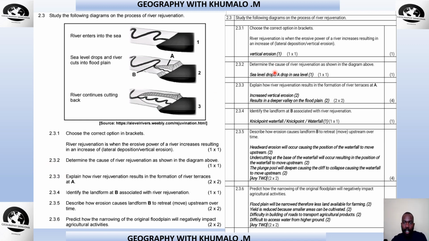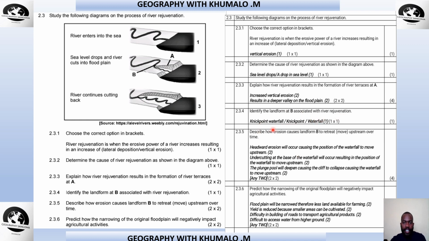2.3.2, determine the cause of river rejuvenation as shown in the diagram. It is the drop in sea level, as it is shown there that there is a drop in the sea level. 2.3.3, explain how river rejuvenation results in the formation of the terraces at A. Increased vertical erosion results in deeper valleys on the floodplain. 2.3.4, identify the landform at B associated with river rejuvenation.